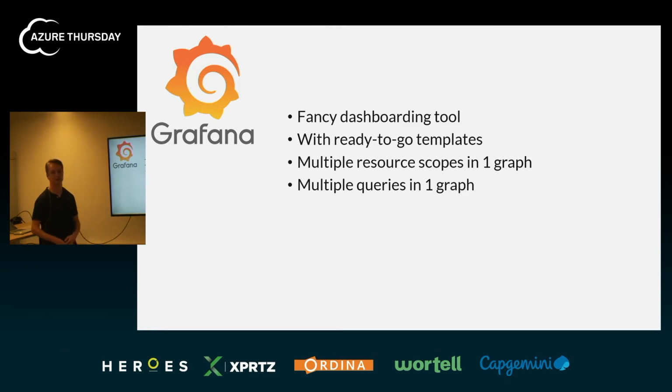From the community, there are a lot of pre-set-up dashboards for us to grab and use. And the problems I described earlier, you can solve them with Grafana. You can add as many resource scopes as you want in one graph, and also multiple queries in one overview. I think these are powerful solutions.